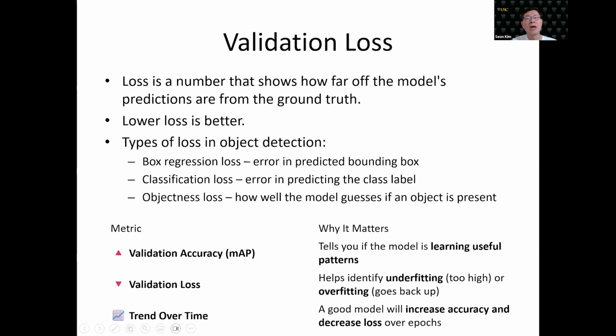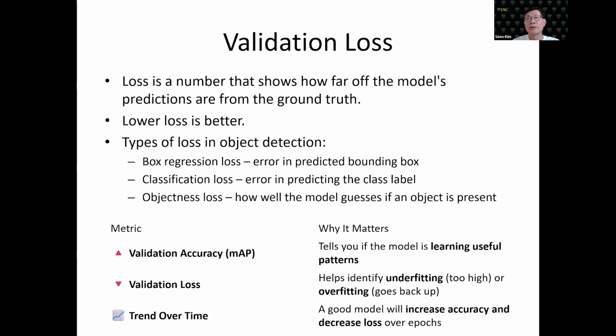We also have another concept called the validation loss. This means the difference between the prediction and the ground truth. When YOLO predicts something, it detects some object, makes a bounding box, and provides the class.